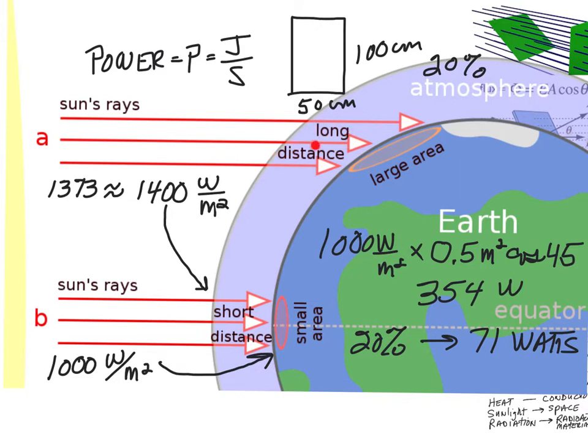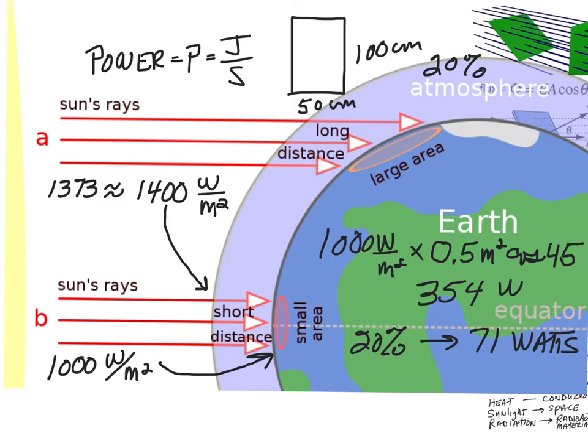There's also the factor, just while we're here, of the distance of atmosphere it's passing through. And so the same area of land is going to collect less energy than the same area here, and also that 1,000 watts that arrived at the surface might only be 800 watts here because of the thicker distance of atmosphere it has to pass through.